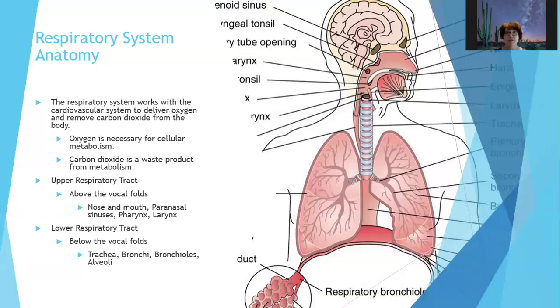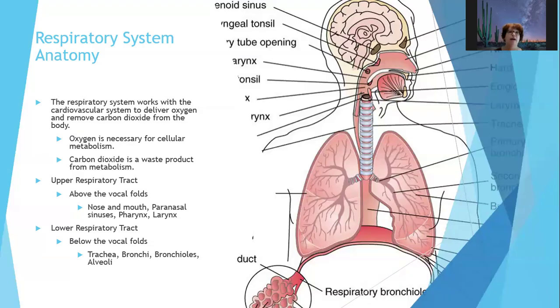So the respiratory system, if you recall, there's the upper respiratory tract, which is above the vocal folds, includes the nose and mouth, the paranasal sinuses, the pharynx, and the larynx. And we have normal flora bacteria that live in our upper respiratory tract. Part of the normal flora's job is to take up space so other bacteria and other things can't get in.